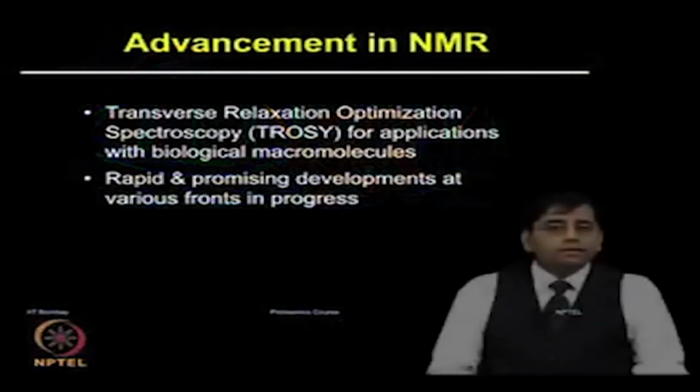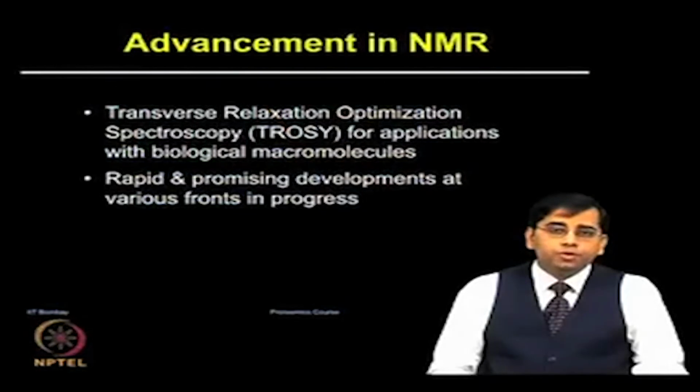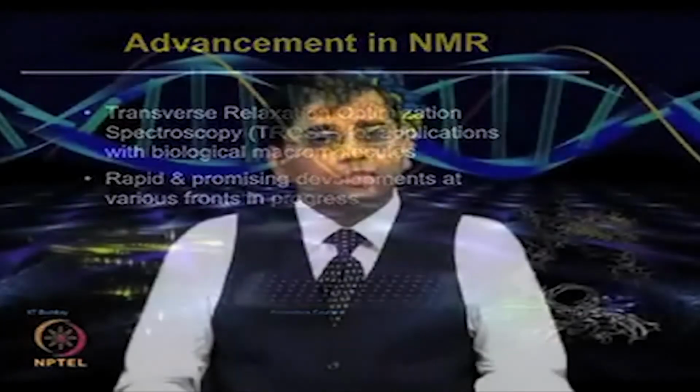Advancement in NMR techniques such as two-dimensional NMR techniques, transverse relaxation optimization spectroscopy (TROSY) for applications with biological macromolecules provides much better sensitivity, line width and enables resolving resonance overlaps for larger proteins, complexes as well as membrane proteins.